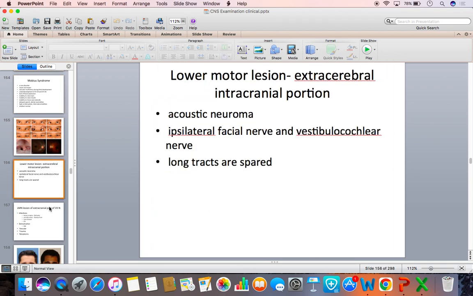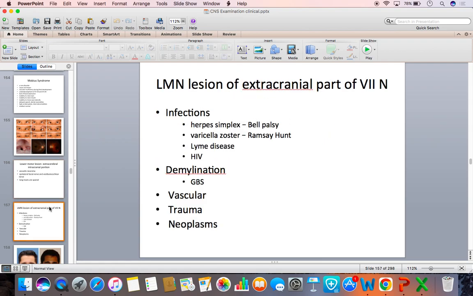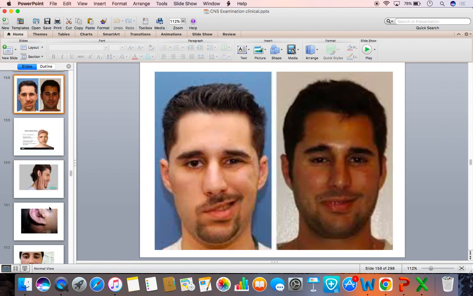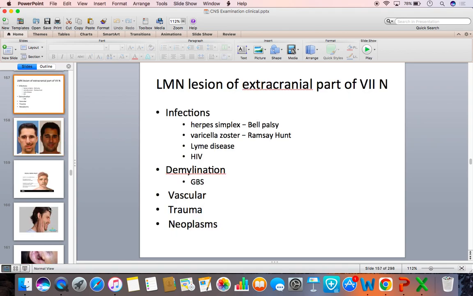Coming to the lesions in the extracranial part of the facial nerve. It could be affected in the facial canal or before its exit through the stylomastoid foramen.